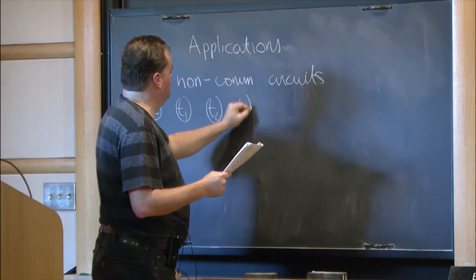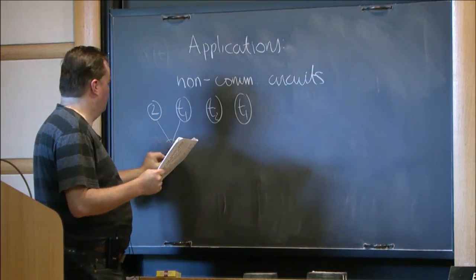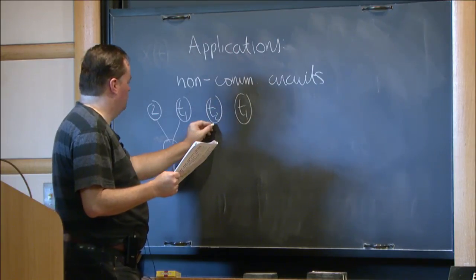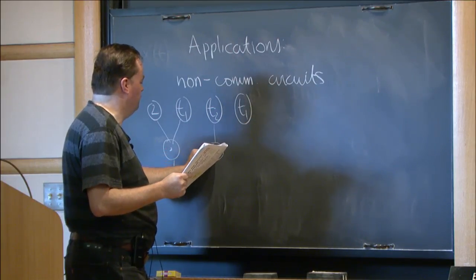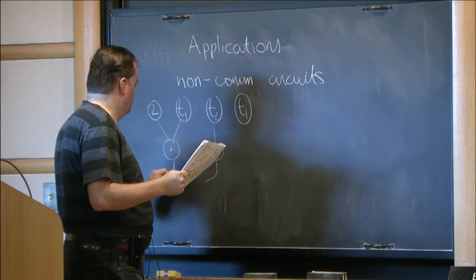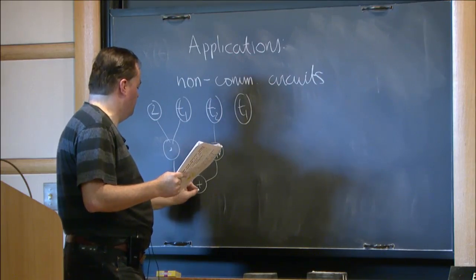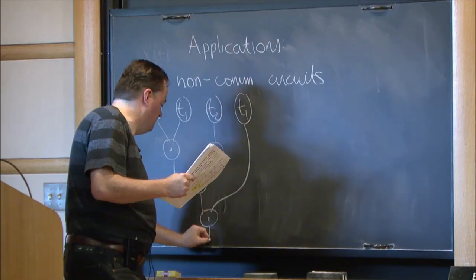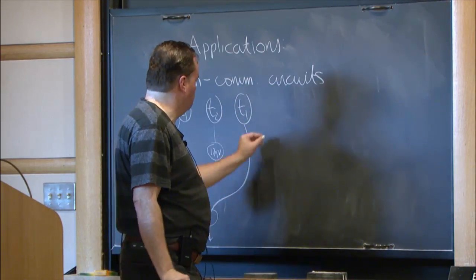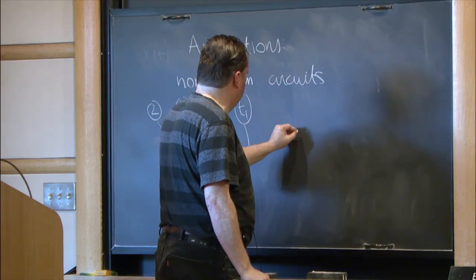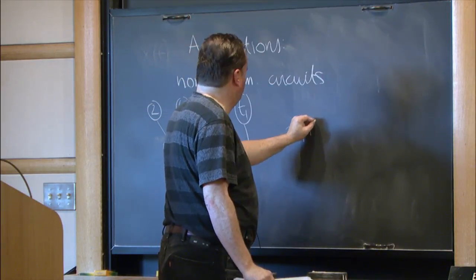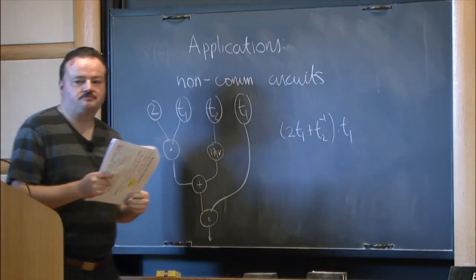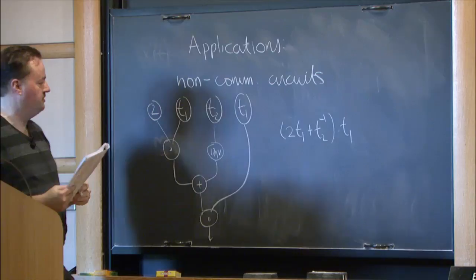Start with some things, and then maybe I take here the product. Maybe here I take the inverse, maybe go right inverse, and maybe I take the sum here and take the product here. So this is a circuit which gives you 2 times T1 plus T2 inverse multiplied by T1, right? So that's a non-commutative circuit.